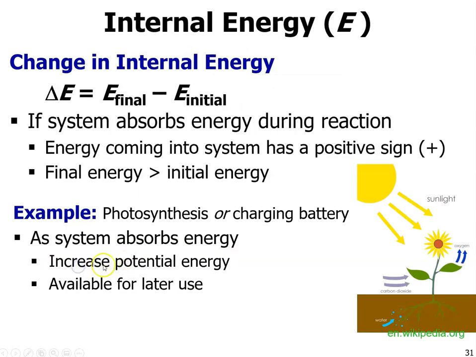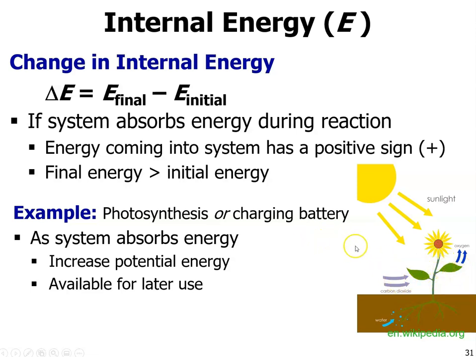An example of an endothermic reaction we're going to look at is photosynthesis. So when this flower, for example, takes the sunlight, the energy from the sun, it's going to take carbon dioxide and water from the environment and use that to make sugar molecules.